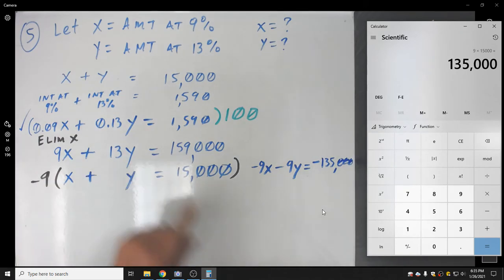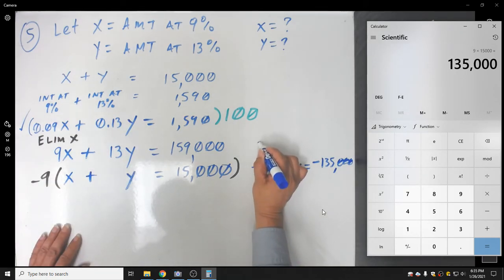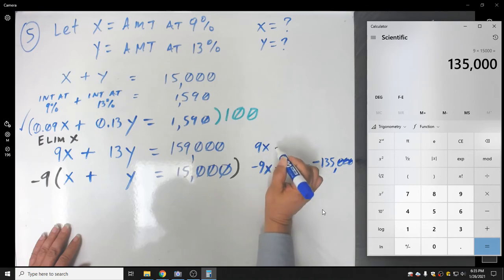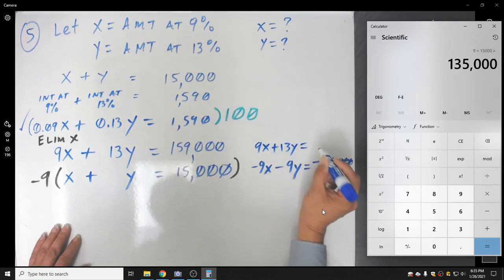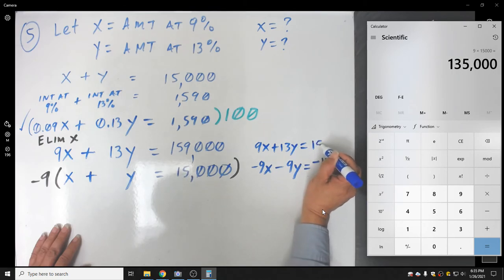Okay, our first equation, we just copy it. So we have 9x plus 13y equals 159,000.